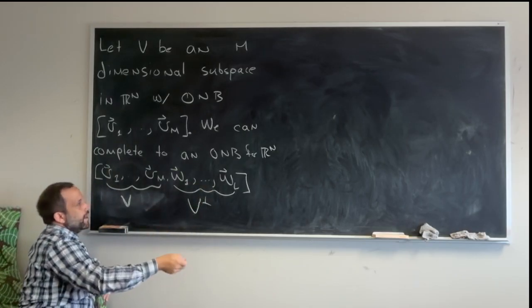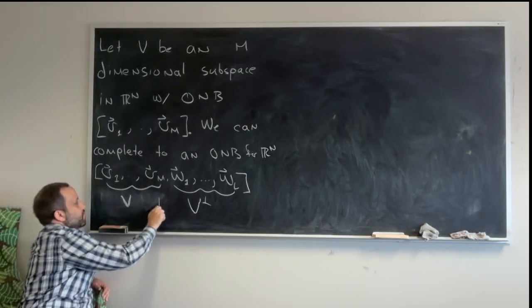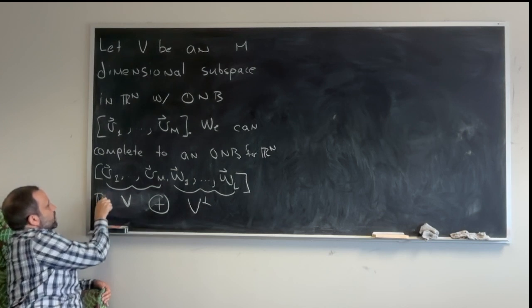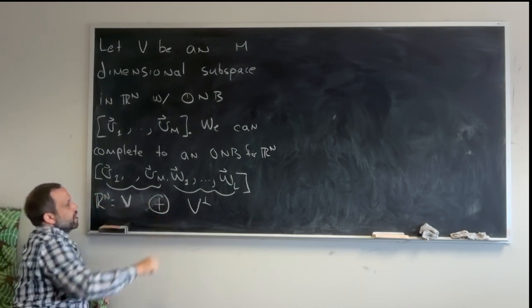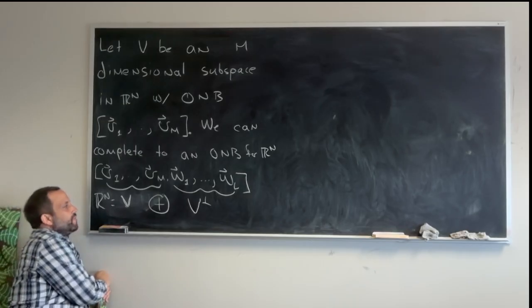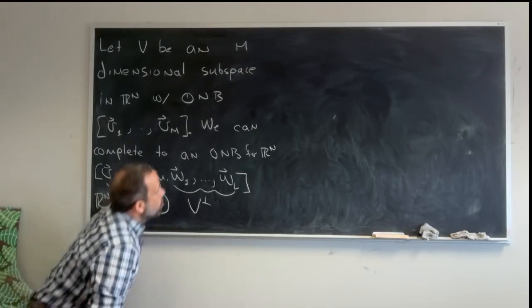It's called complement because when you put all of them together, you get the entire space. For this reason, sometimes you will see people write Rn as the direct sum of these two spaces. What this means, as we'll see in just a minute, is that any vector can be written as a vector in V and a vector in V-perp.